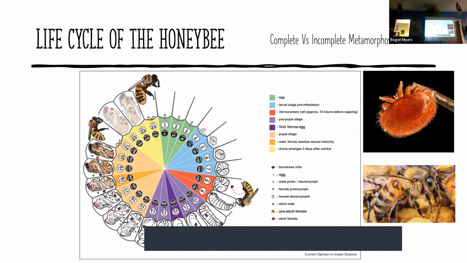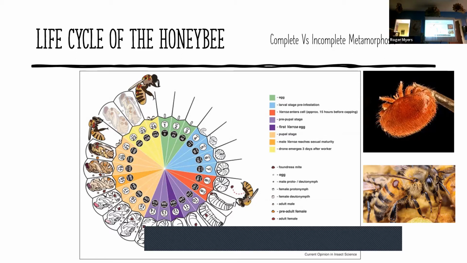Usually, what happens is that the foundress mite will come in off of a bee, either from another hive, or she's attached herself to a bee that was nectaring on a flower, or the drones.